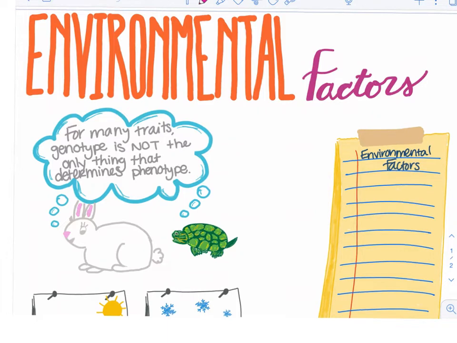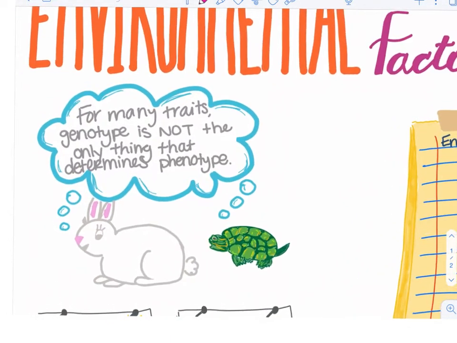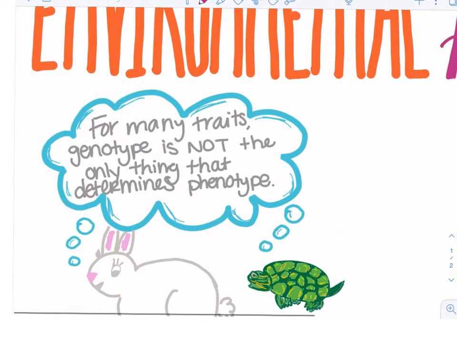Environmental factors. For many traits, the genotype, which again describes the alleles that you may have, which are represented by the letters, is not the only thing that determines the phenotype.